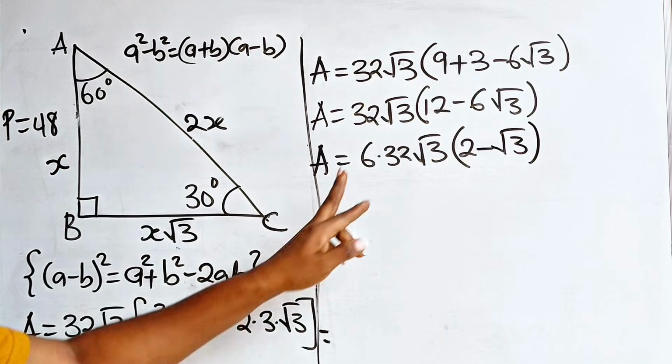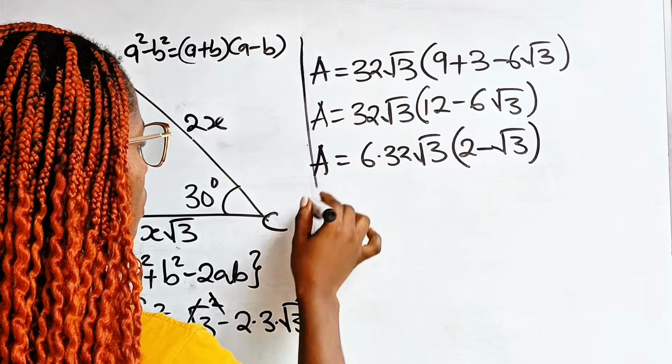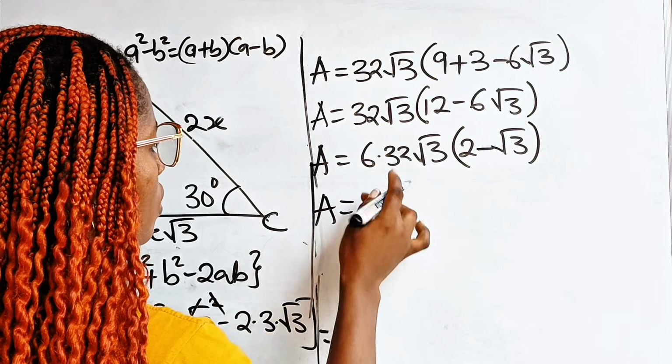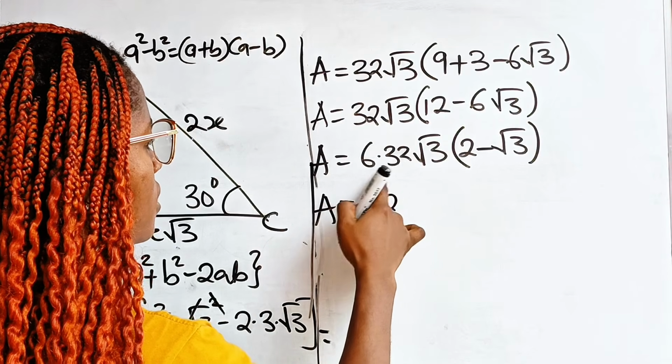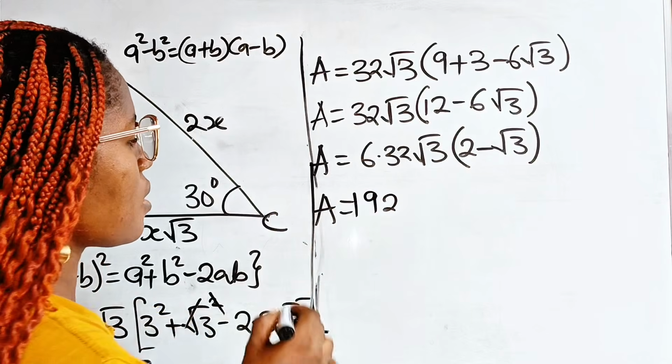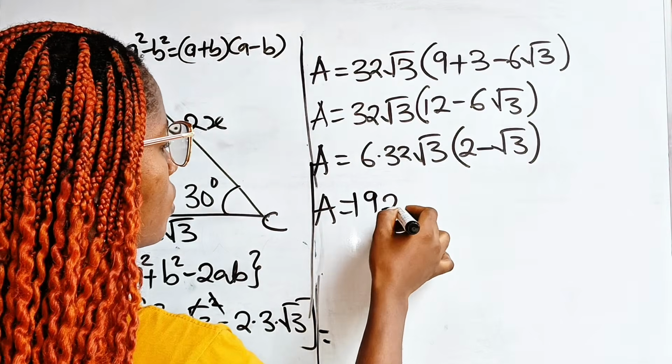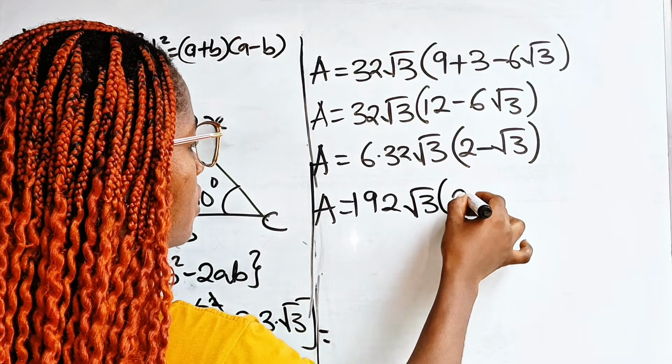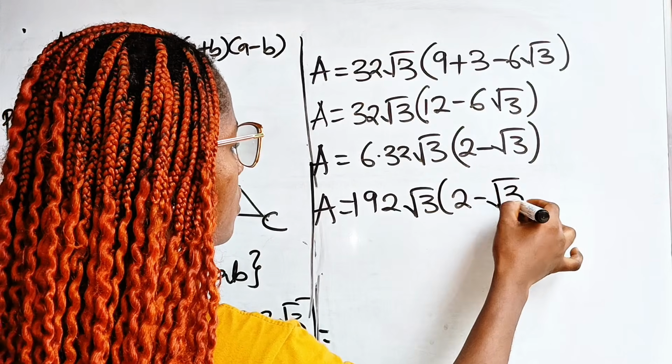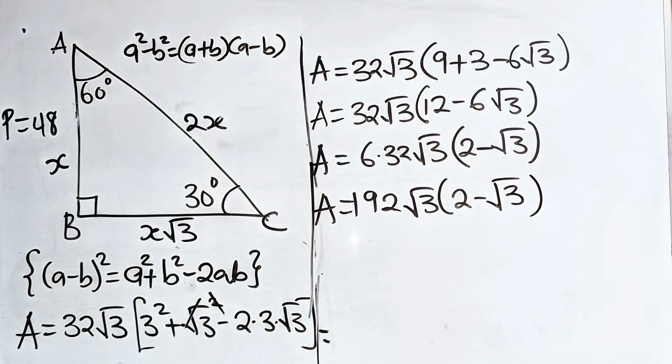Now, 6 times 32. 6 times 2 is 12, carry 1. 6 times 3, 18 plus 1, 19. So we have 192 root 3 bracket 2 minus root 3. Now, is there anything we can do?